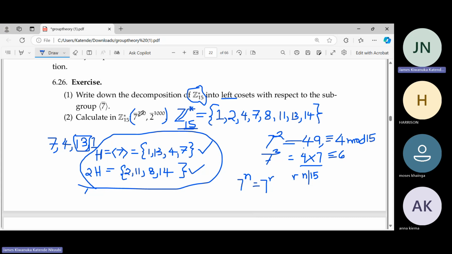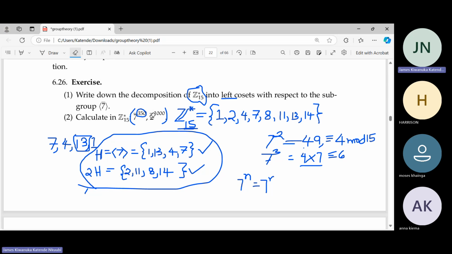So if you want 7 raised to 350, you need the remainder when 350 is divided by, not 15, this is wrong, you have to divide it by the order of 7. So r is the remainder when n is divided by the order of 7.